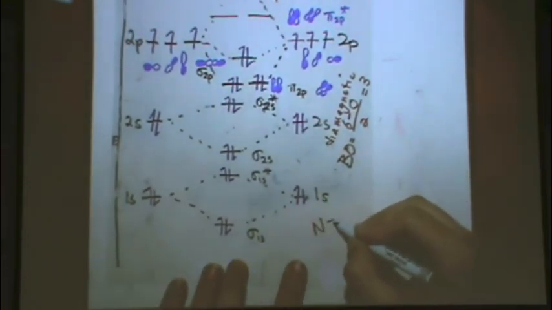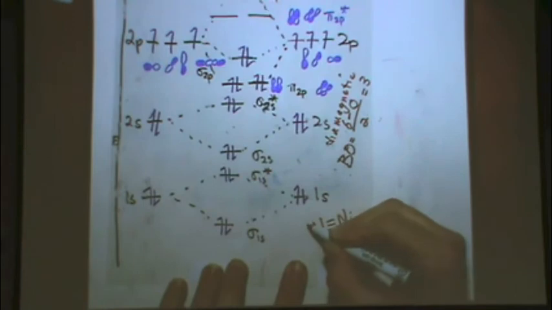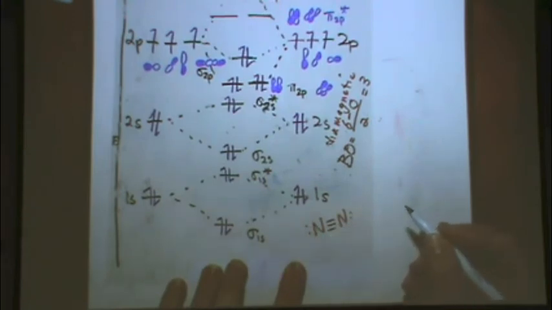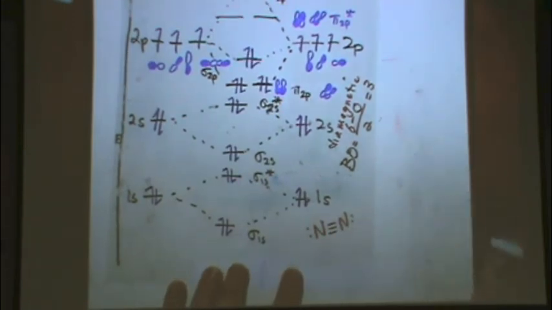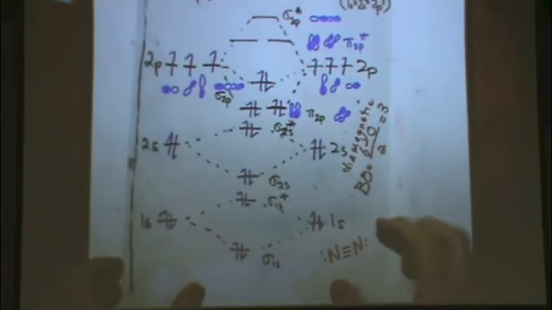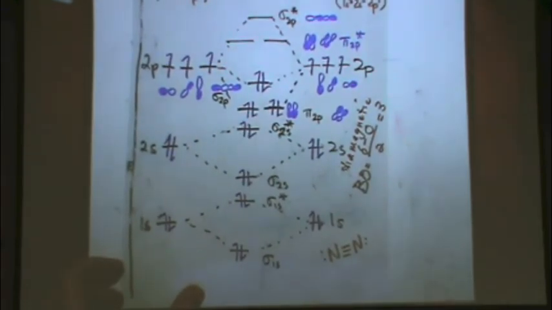It would look like this. There's N2, triple bond. The same answer from Lewis and MO here. Kind of weird. Let's do another one so you can see a second example.